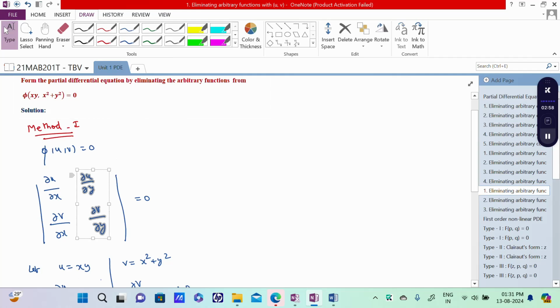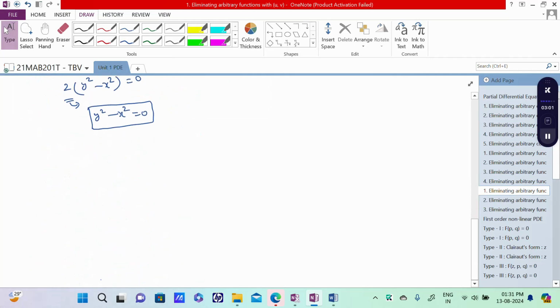And method 2, to solve this problem. Method 2. When the function of uv equal to 0 is given, it can be rewritten in the form v equal to a function of u, or u equal to a function of v.